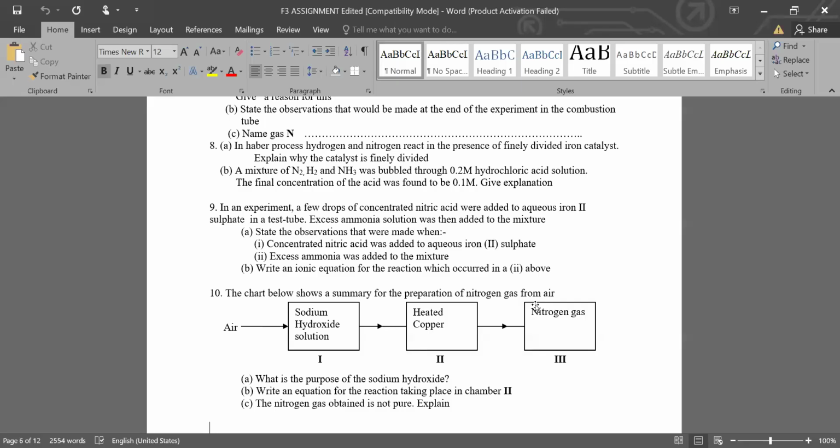So why do we have the catalyst finely divided? To increase the surface area where the reaction is taking place.